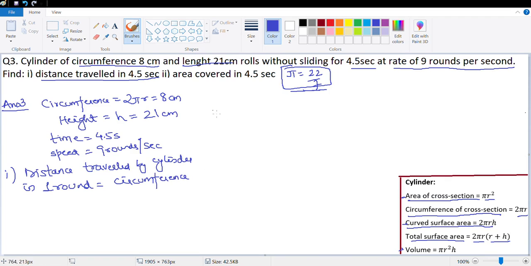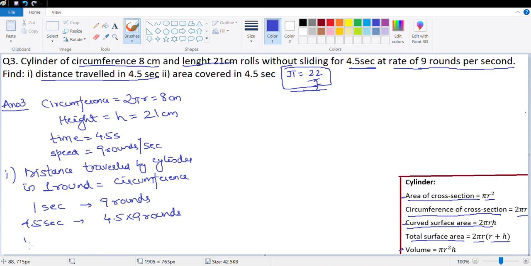We need to figure out the distance traveled in 4.5 seconds when in 1 second 9 rounds happen. So 1 second is 9 rounds, which means 4.5 seconds would be equal to 4.5 into 9 rounds. So these are the number of rounds which will happen in 4.5 seconds. So we need to figure out distance traveled in there.